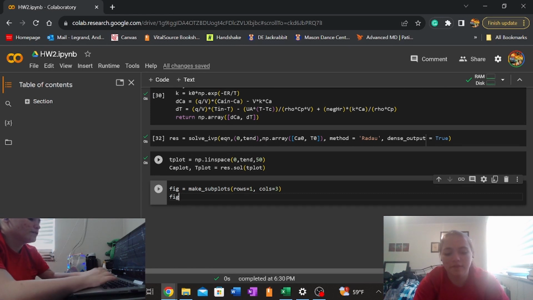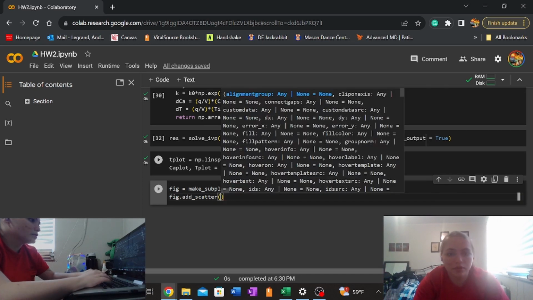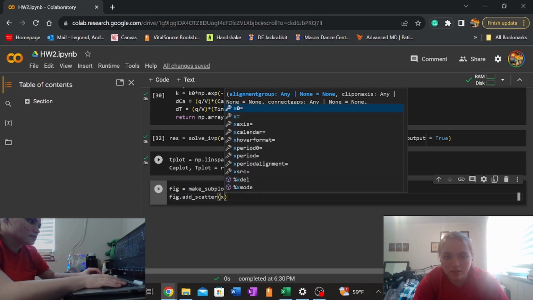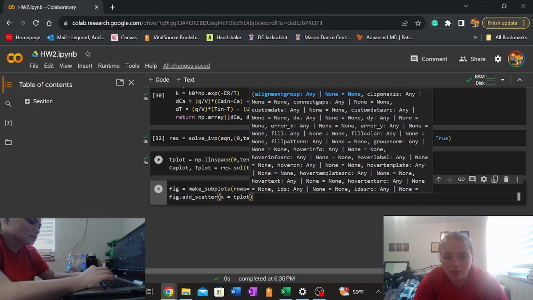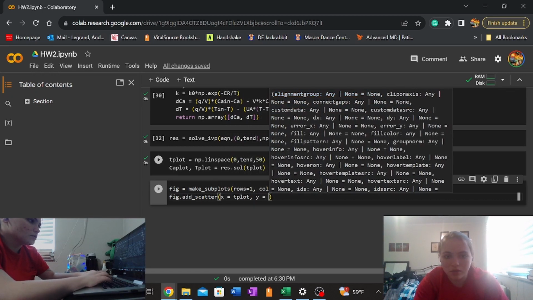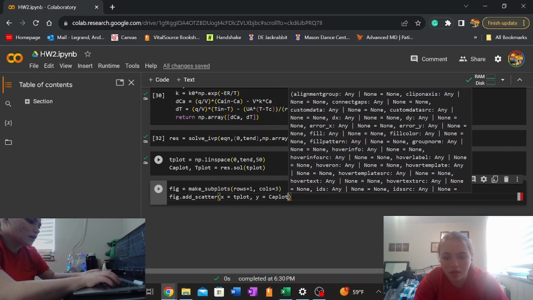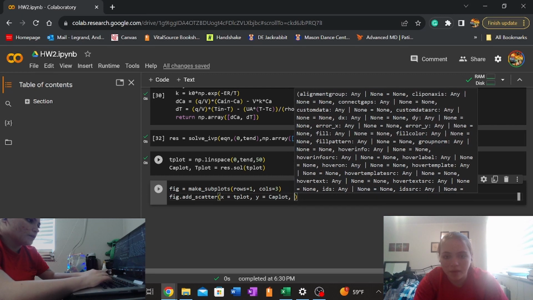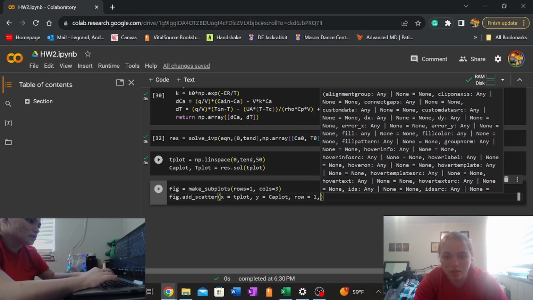And then we go fig.add_scatter, and we have x equal to t-plot, y equal to CA plot, and then row equal to 1.